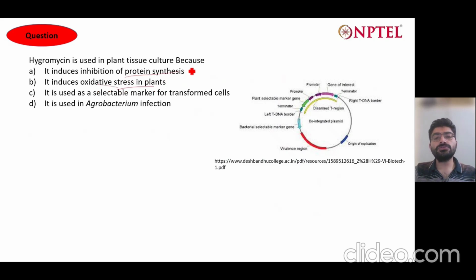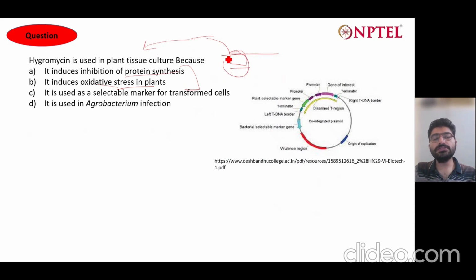So it is generally used as a selectable marker when we use recombinant DNA. We use the selectable marker HPT gene, that is hygromycin phosphotransferase, which will phosphorylate the hygromycin so that it is non-functional in the plant.